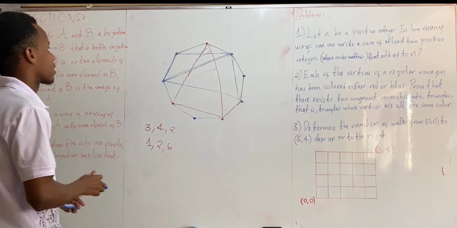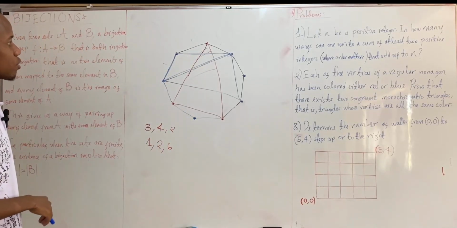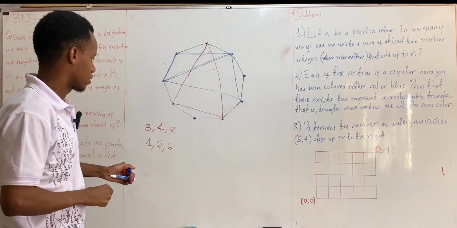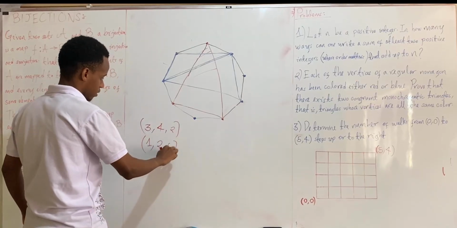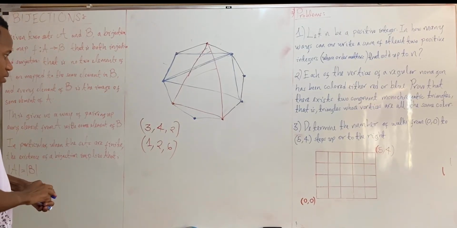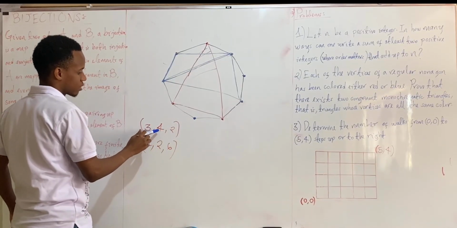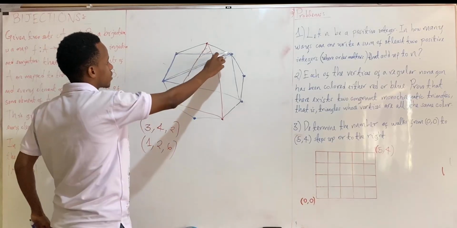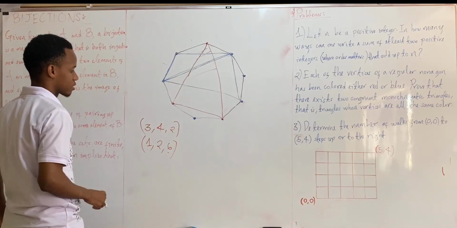In this way, we can define every triangle whose vertices are in this nonagon as a triplet of three numbers. So this triangle can be described by 3, 4, 2. And the other triangle, this one here, can be described by 1, 2, 6.